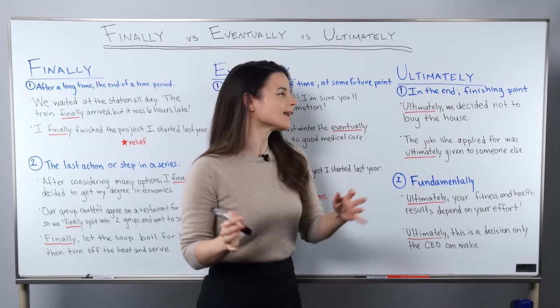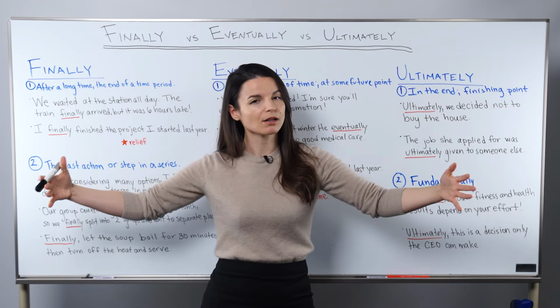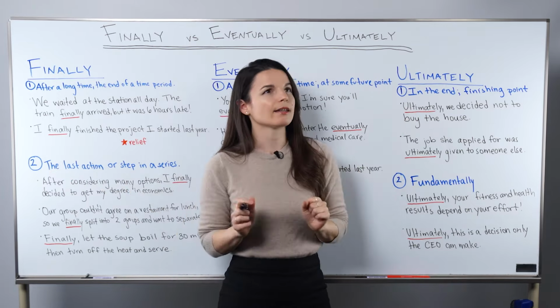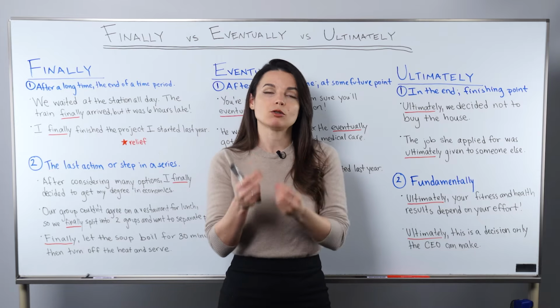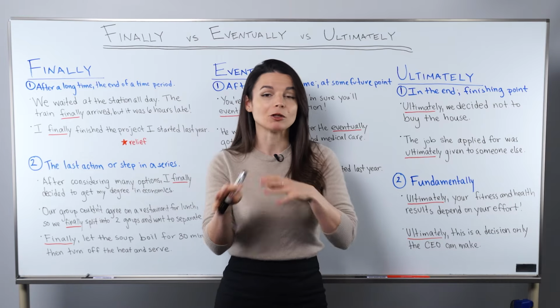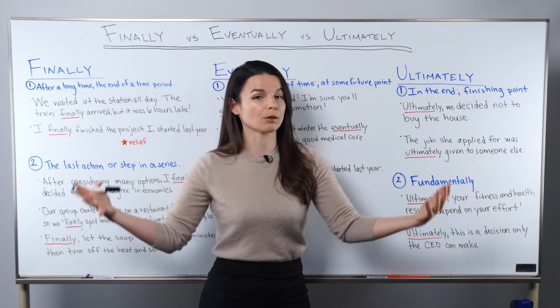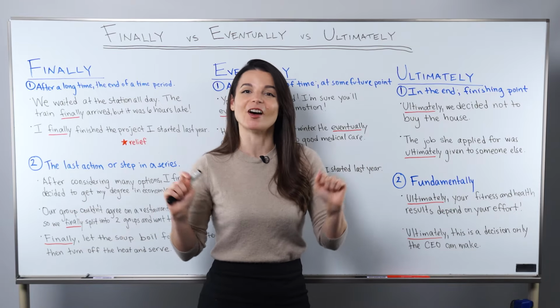With ultimately, however, we don't have this feeling that a lot of time passed. Rather, with ultimately, it's like we made a decision or we chose to do an action after considering maybe many different things or looking at many different options, but it doesn't mean that it happened over a long period of time. Not necessarily, not always.